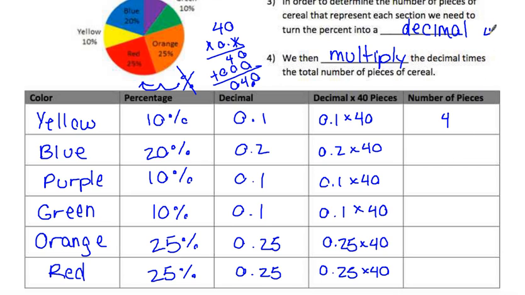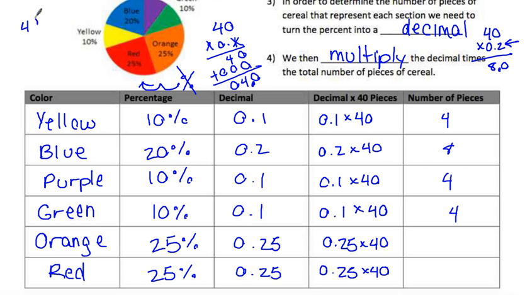And then if I do 40 times 0.2, 2 times 0 is 0, 2 times 4 is 8. I don't need to do the other one because of zeros. One place right here. So move the decimal in 1, so that's 8. I know this one's going to be 4 because I did it up here. This one's going to be 4 because I did it up there.